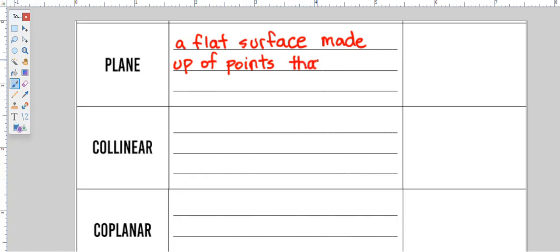So once again, we are extending indefinitely, but now we're going in all directions.